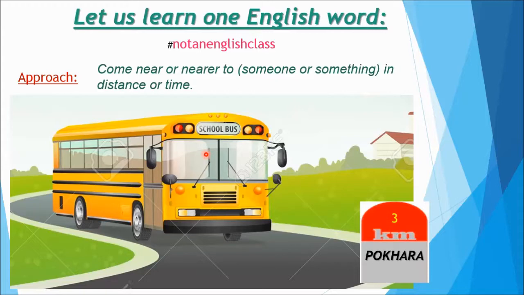The school where the bus will drop the students after a one day excursion or picnic, you can say it's returning back from a picnic towards its school, towards its destination, which is some meters before Pokhara. But right now the bus is approaching towards Pokhara. Although its destination is not Pokhara, it is approaching towards Pokhara.